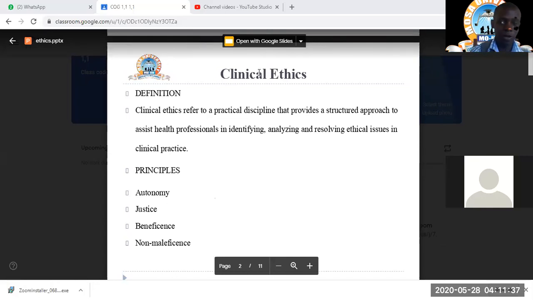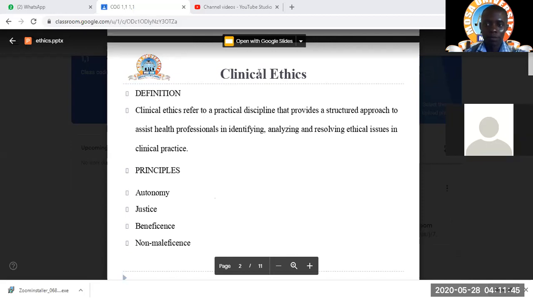Are we clear so far? It's clear, but the volume is just too low. Try and increase the volume on your device. My volume here is quite high. Okay, so I was saying clinical ethics.